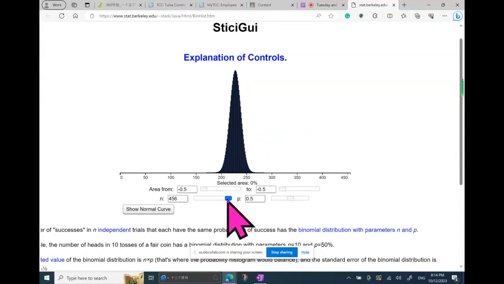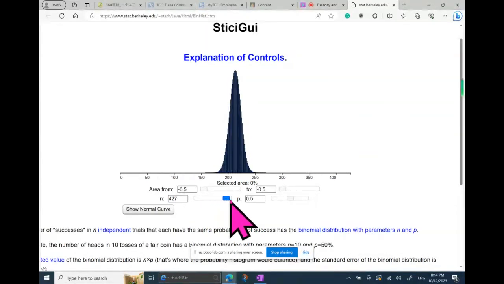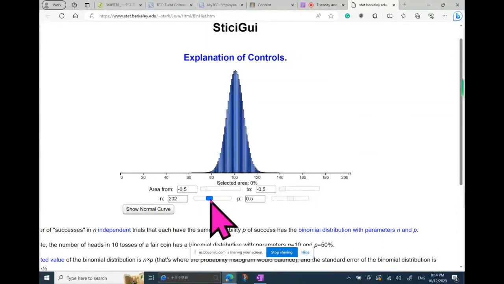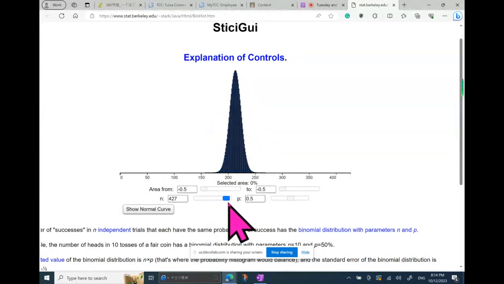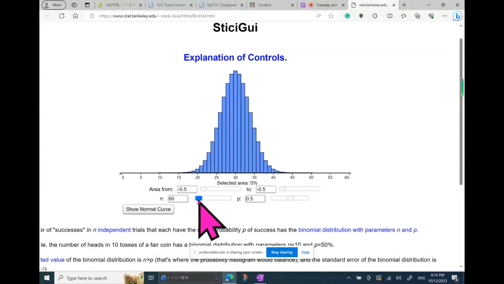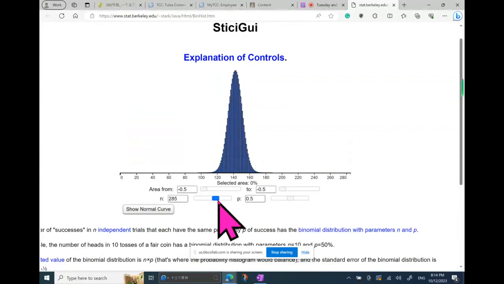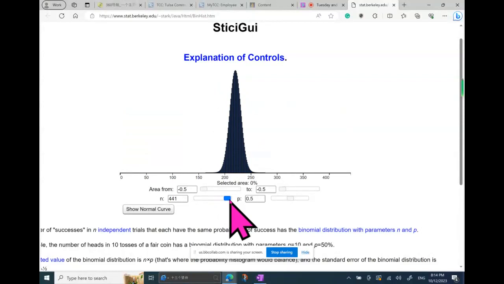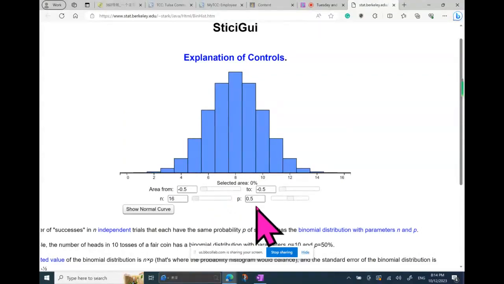It's getting skinnier and skinnier because when n is very large, NPQ, take the square root. The standard deviation is getting smaller. All right. So yeah, ideally P and Q are both half.